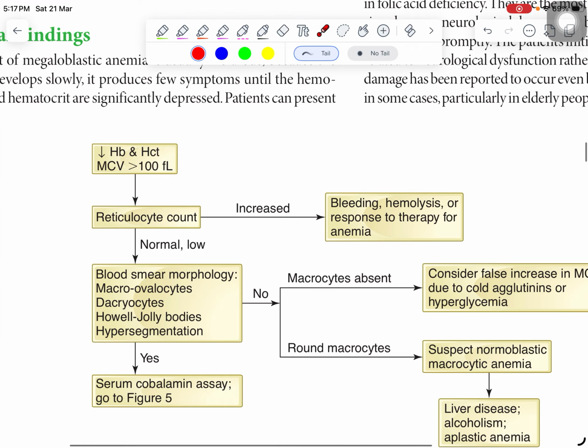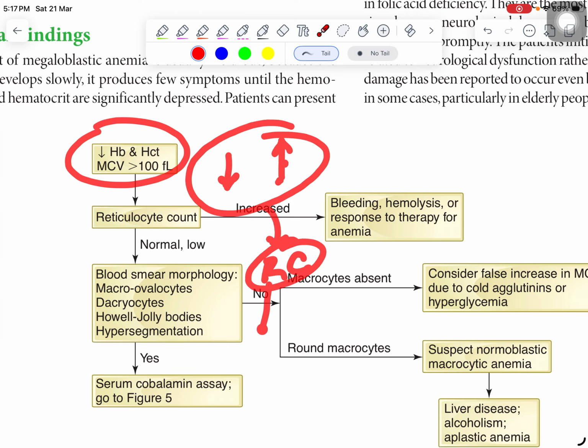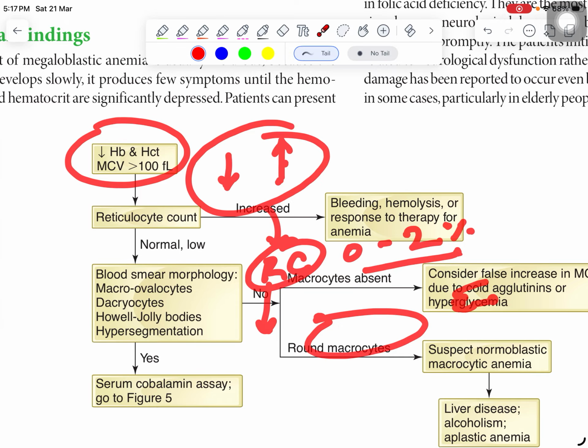So first you will see Hb is low but MCV is high. Then you will go for the reticulocyte count. If it is normal or low, that is 0 to 2%, you will see macroovalocytes, dacrocytes, Howell-Jolly bodies, hypersegmentation.